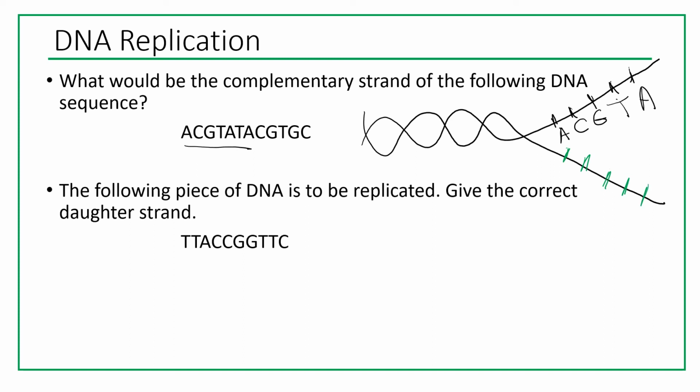All you need to do is use the base pairing rule. A always pairs with T, so that's going to be T. This is going to be G, C, A, and T.